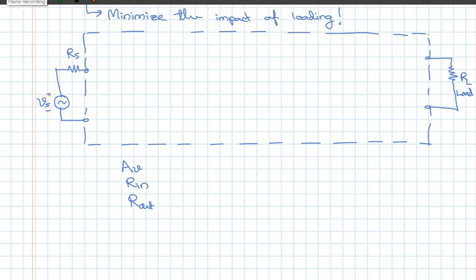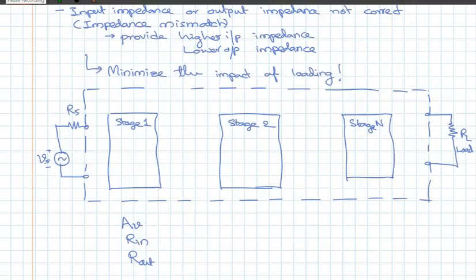So this is stage 1, stage 2, and up to stage n. The input is connected to stage 1, stage 1 is connected to stage 2, and likewise each stage is connected to the next stage.